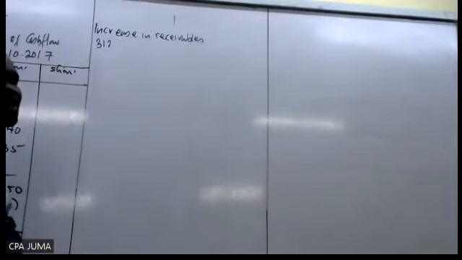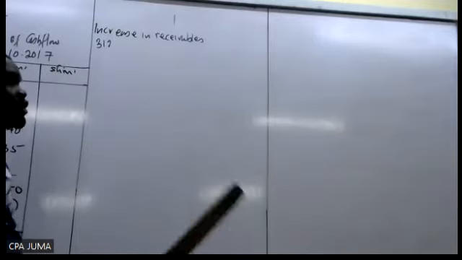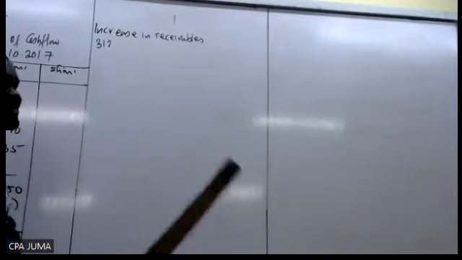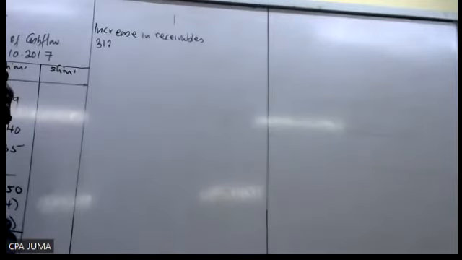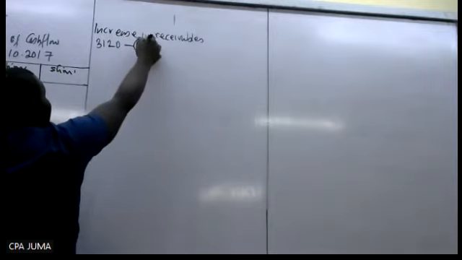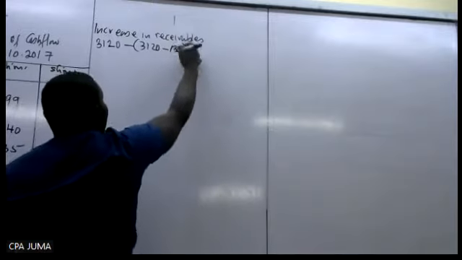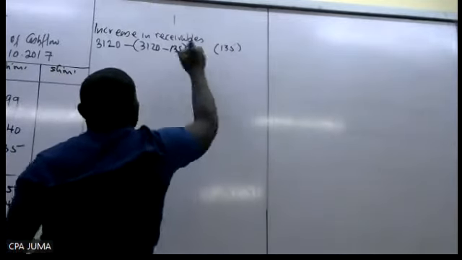It should be 3120, 3120, but confirm with your additions, in case there is any variation. So 3120, 3120. They disposed how much? 135. Yes. So the increase is 135.